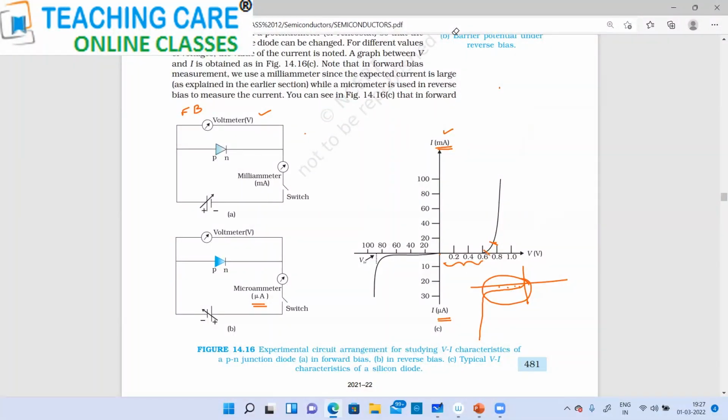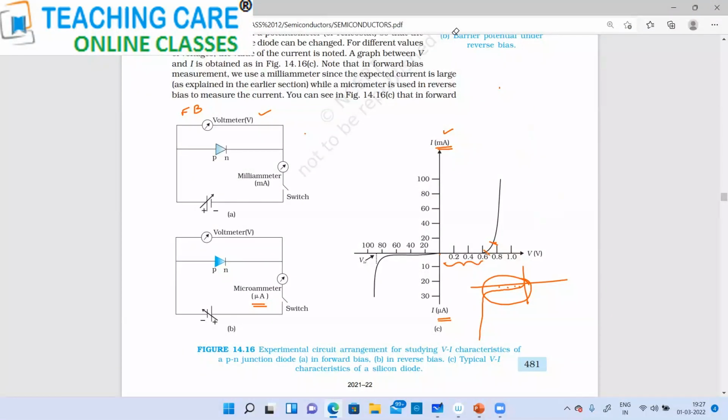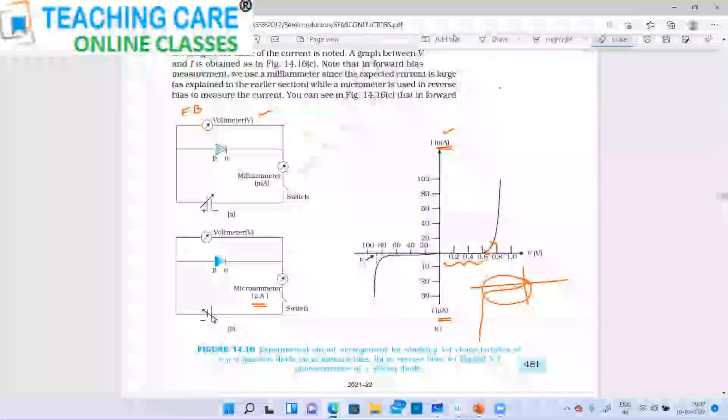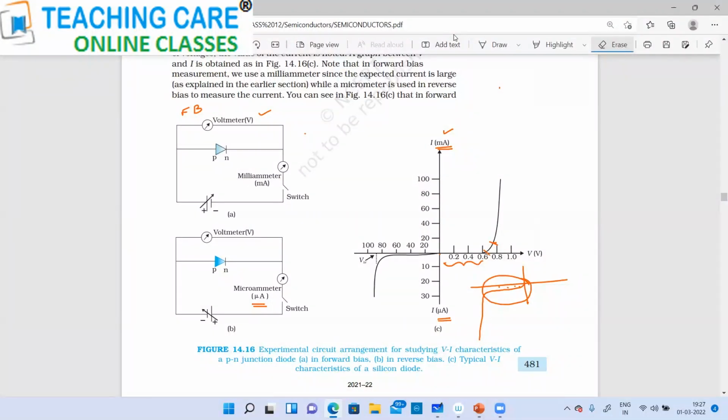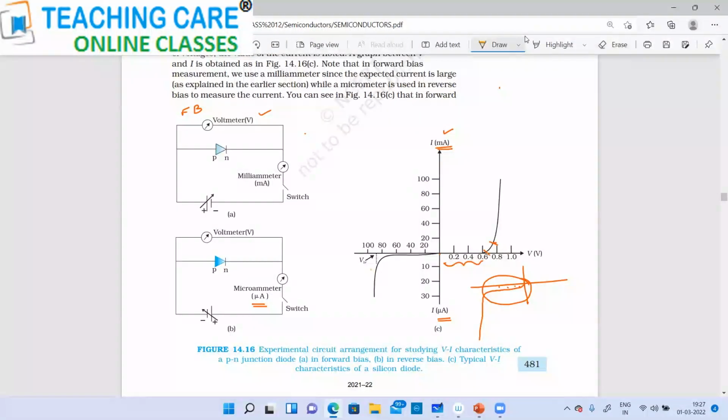Here it is the breakdown voltage. Initially, we can see the drift current is independent of the voltage. Now it rapidly increases. So this is the point of breakdown voltage, VBR.